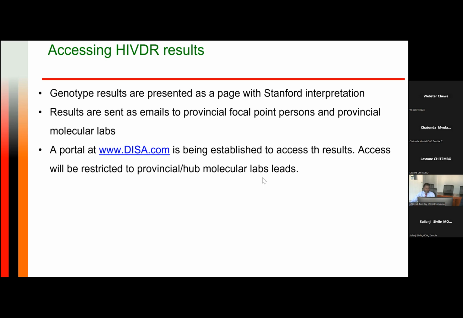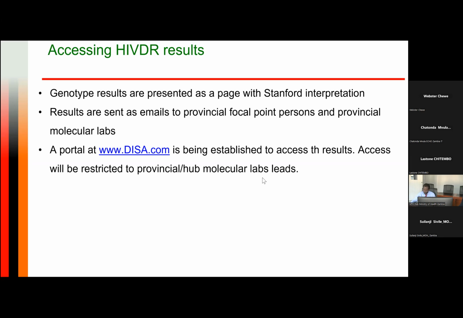Maybe a facility has only coverage of 60%, of which 90% are well suppressed. It means that we still have 40% whose status we don't know. So I wanted to know what you are doing from the national level in order for us to improve the coverage in terms of viral load.